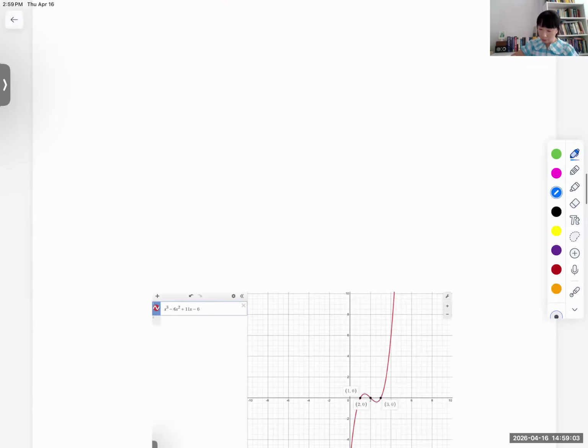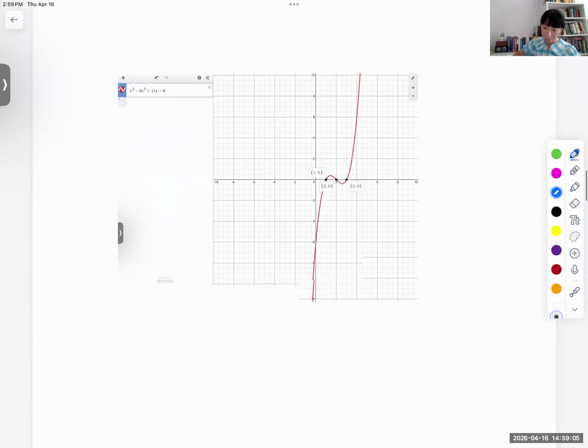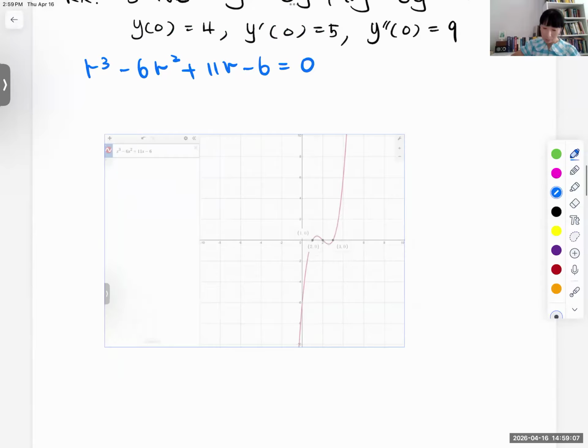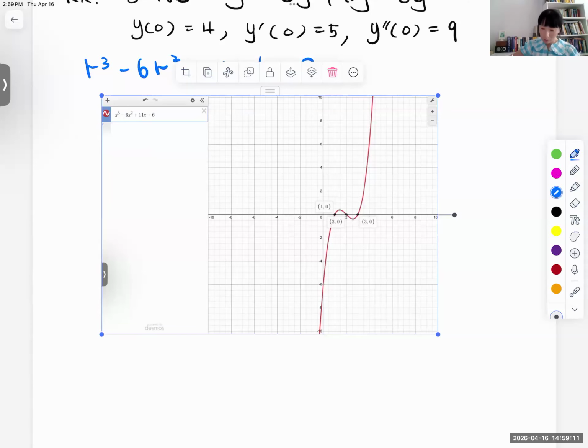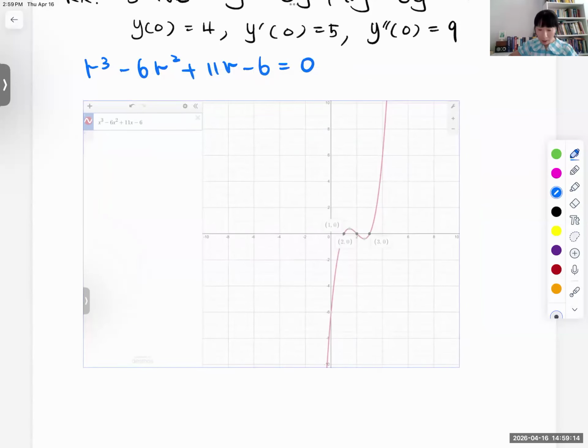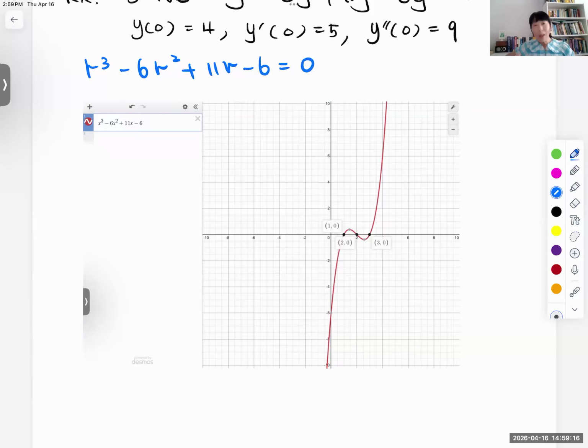Look, we have this one. Now we can see there are 3 zeros, meaning 3 roots, all real numbers: 1, 2, 3.